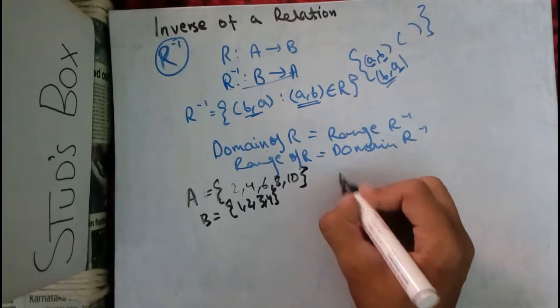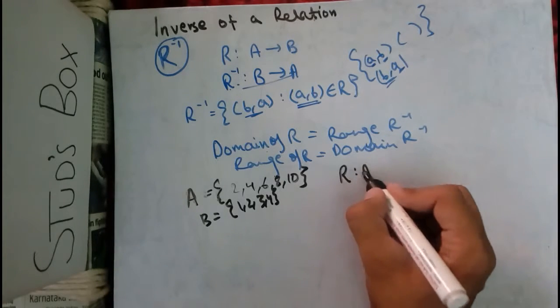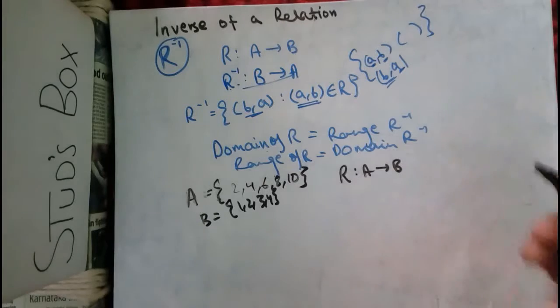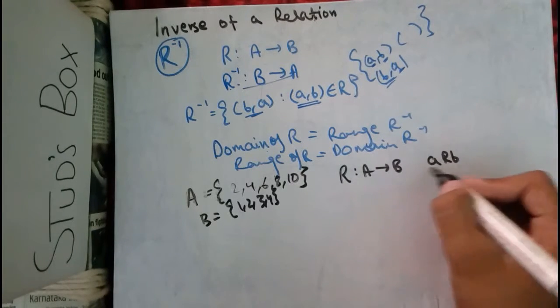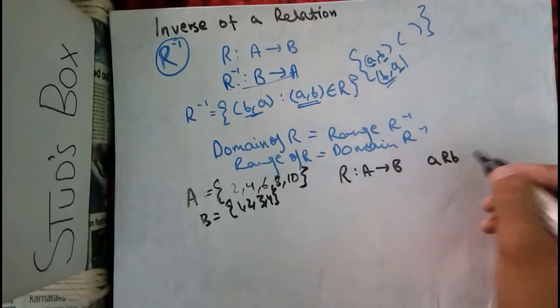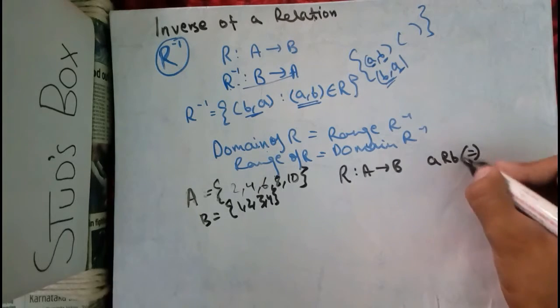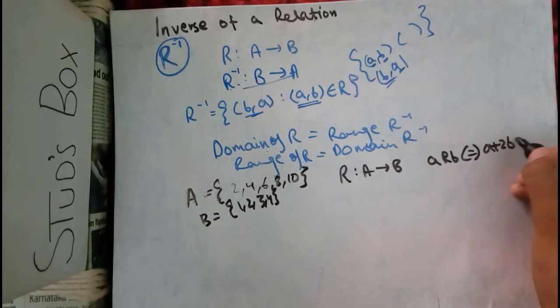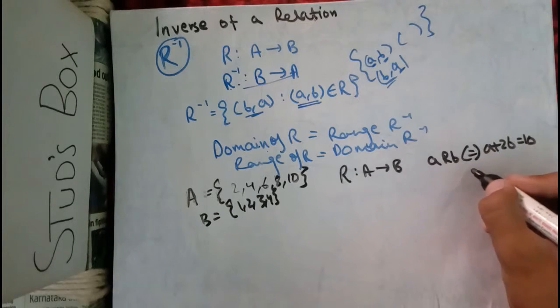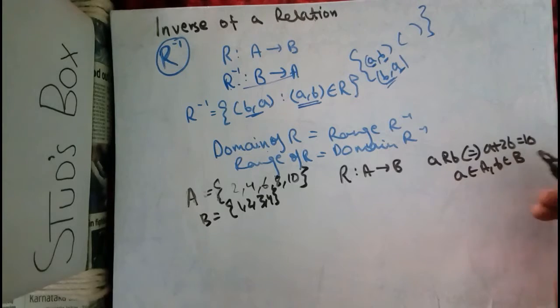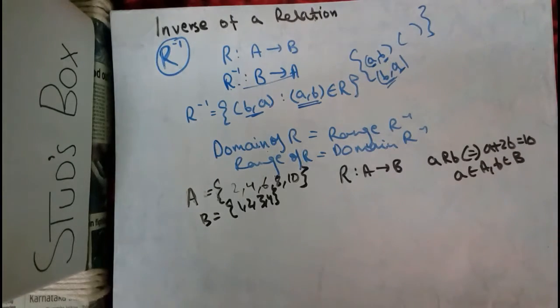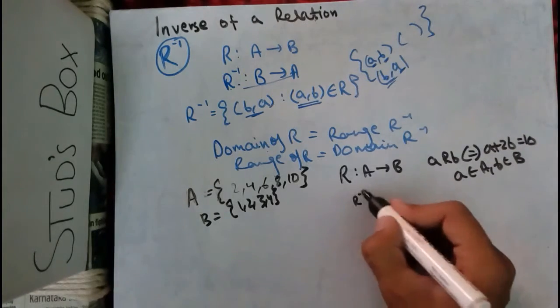R is defined from A to B such that aRb, that is a is related to b, such that a + 2b = 10, where a belongs to A and b belongs to B. Now we have to find R inverse.